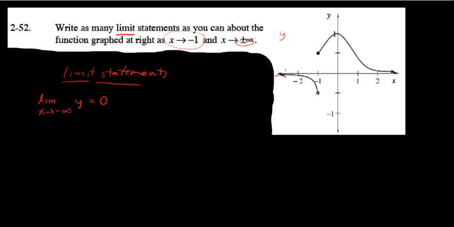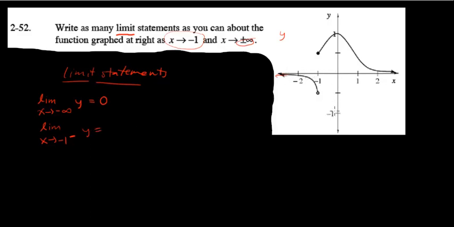The limit as x approaches -1 has a left and a right hand limit. They are different, right? So the limit as x approaches -1 from the left, remember, we put a negative, of y is equal to what?